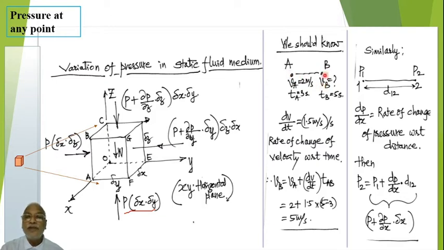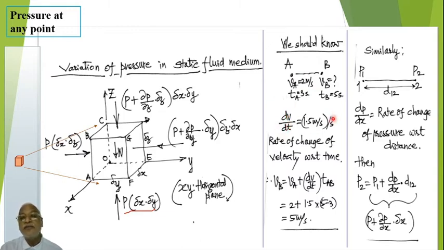Now to find the velocity at this point, I should know the rate at which the velocity is changing. Try to understand the concept here. I know the velocity at this point. I'm going from this point to this point in 2 seconds. If I want to find the velocity at this point, I should know the rate at which the velocity changes, and that is known as dv by dt, rate of change of velocity with respect to time.